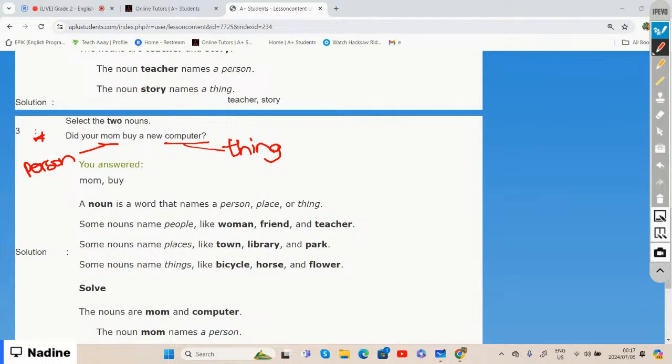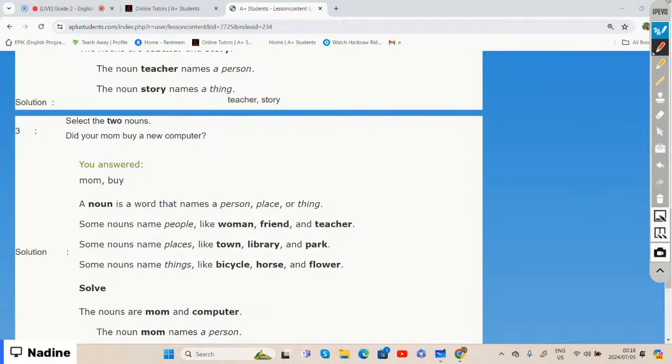Because now you'll know mom is a person, teacher is a person, dog, cat, duck are animals, computers, laptops, balls, dresses are things, and zoo, school, the beach are places. That is what nouns name. They name a specific place, thing, animal, or person.